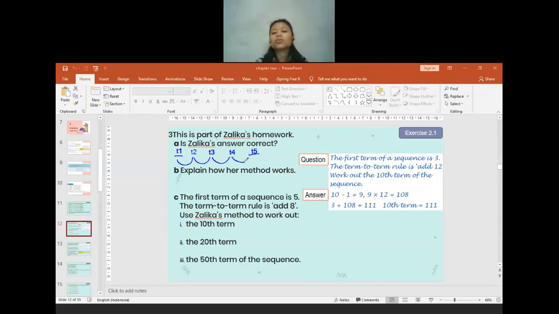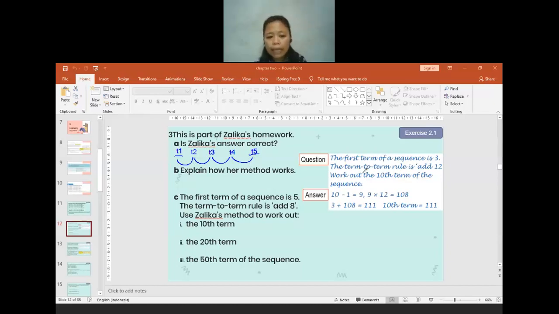From the fourth term into the fifth term, I also need to add 12. Can you see how many times I have to add 12 to the first term to get the fifth term? Can you see how many lines I make? 4 times. I got 4 times from 5 minus 1, which equals 4.